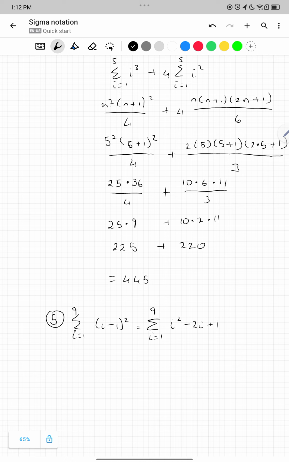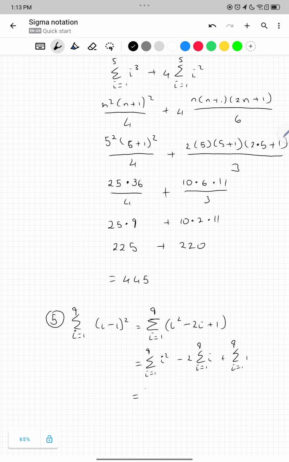So this is like this. So we're going to have the sum of i squared, minus 2 times the sum of i, plus the sum of 1. Okay, my i's look like my ones. Let me just make them a bit clear.